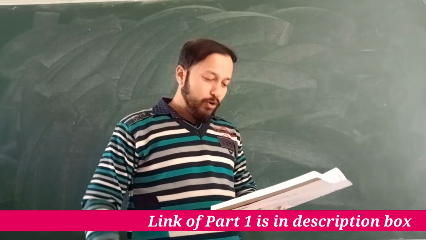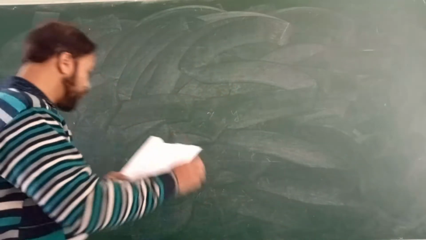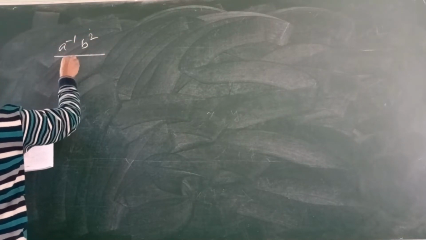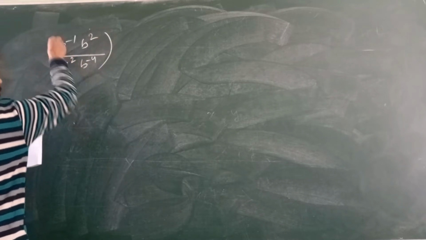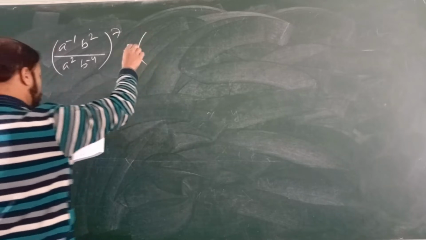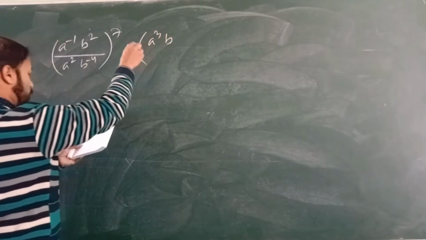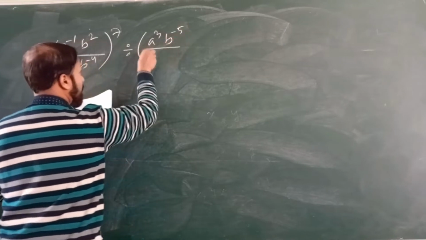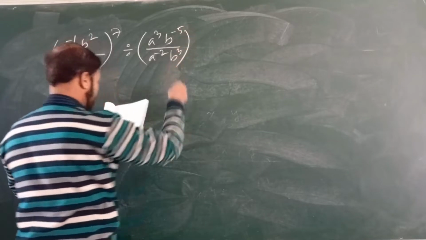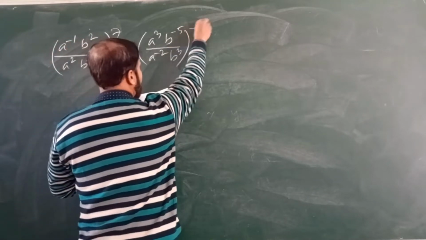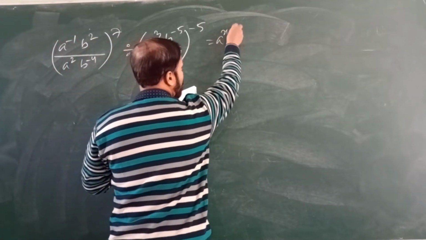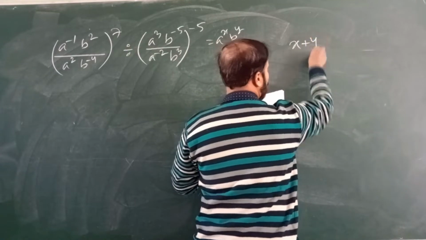The first sum of this video is, let me write that sum: a to the power minus 1, b to the power 2 by a to b to the power minus 4, to the power 7, divided by a to the power 3, b to the power minus 5, a to the power minus 2, and b to the power 3, then minus 5, equal to a to the power x, b to the power y, and we have to find the value of x plus y.